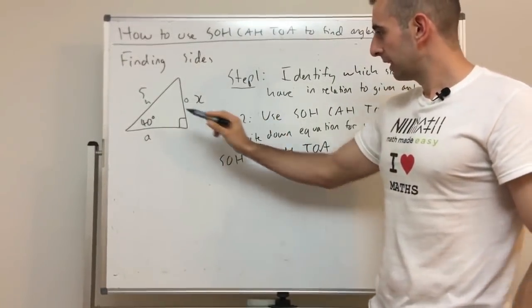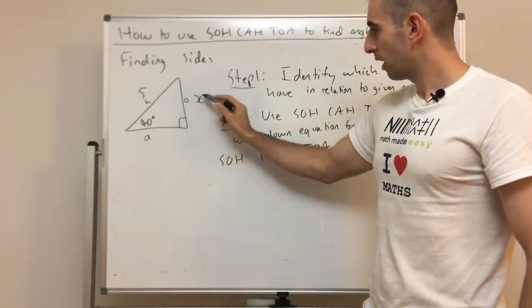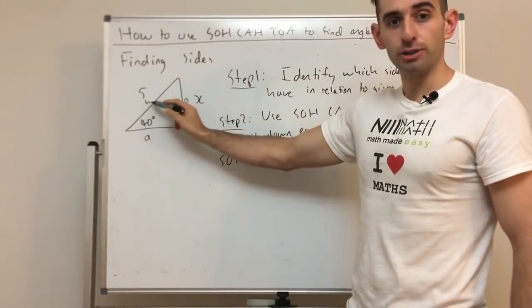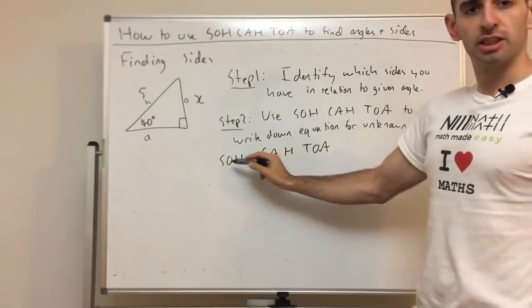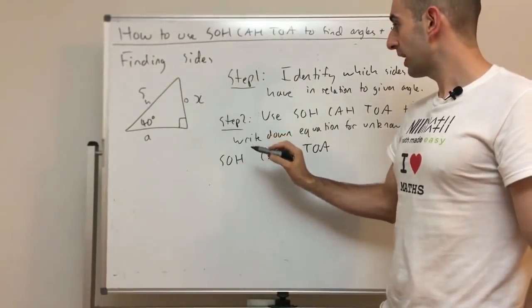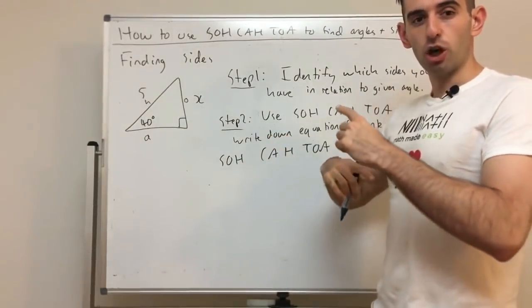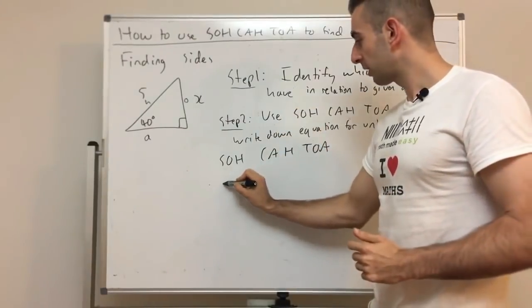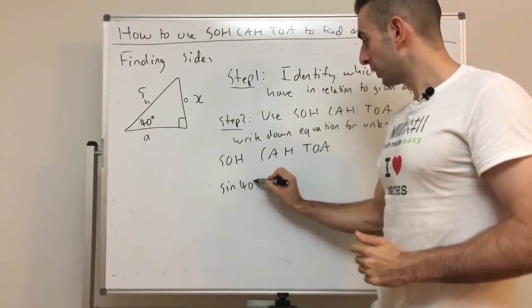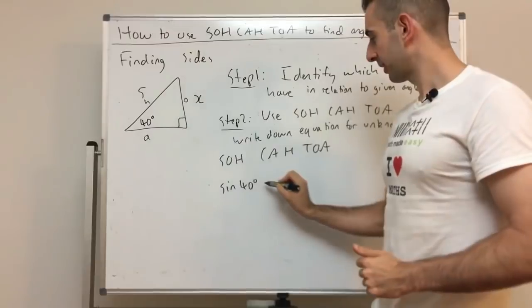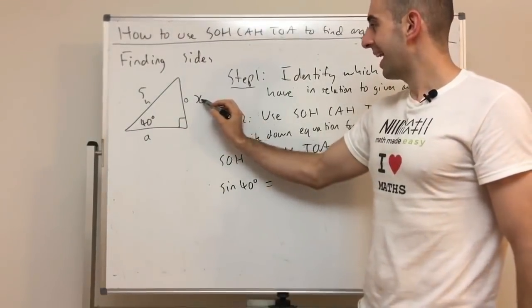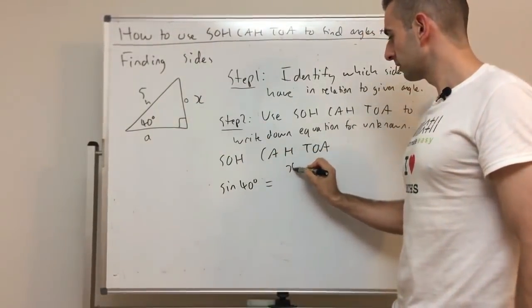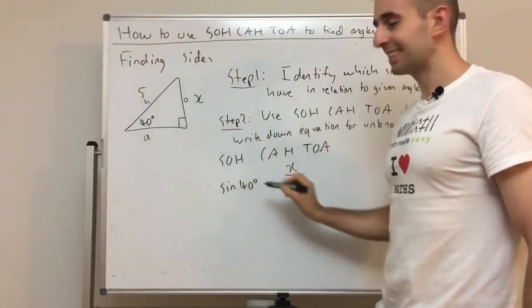So we look, I'm given opposite and hypotenuse. Which one is that? That's sine theta. So straight away, using the definition sine equals opposite over hypotenuse, I can write sine 40 degrees, because that's the angle we're given, equals x, because that's the opposite, over 5, because that's the hypotenuse.